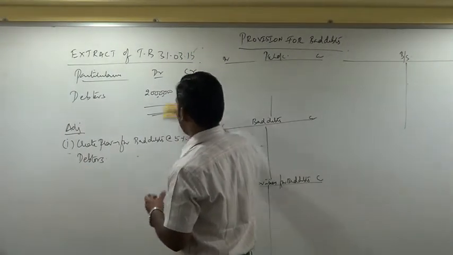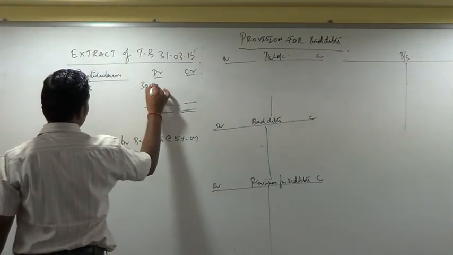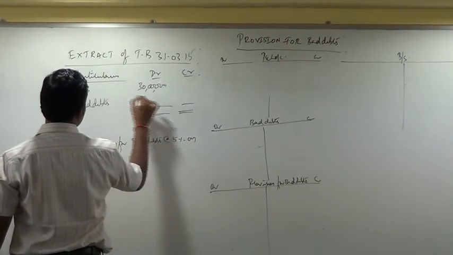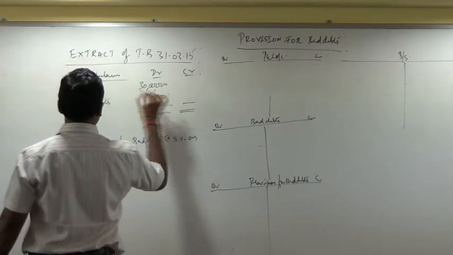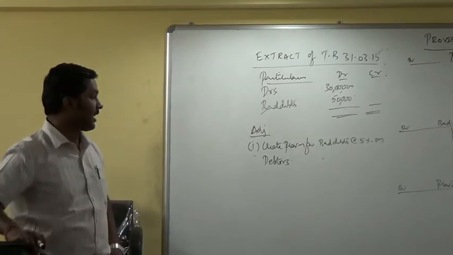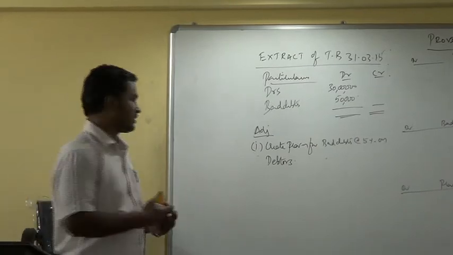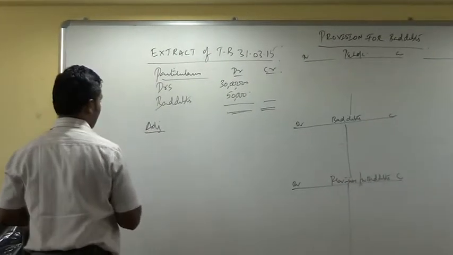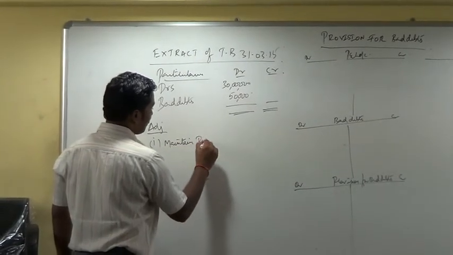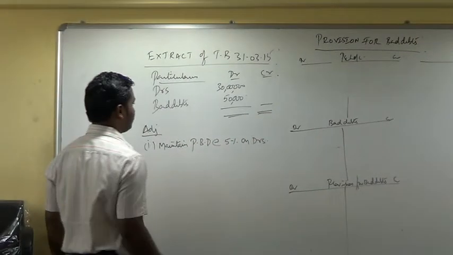Debtors, debit balance 30 lakh rupees, bad debts, debit balance 50,000 rupees. Adjustments. Number 1, maintain provision for bad debts at the rate of 5% on debtors.